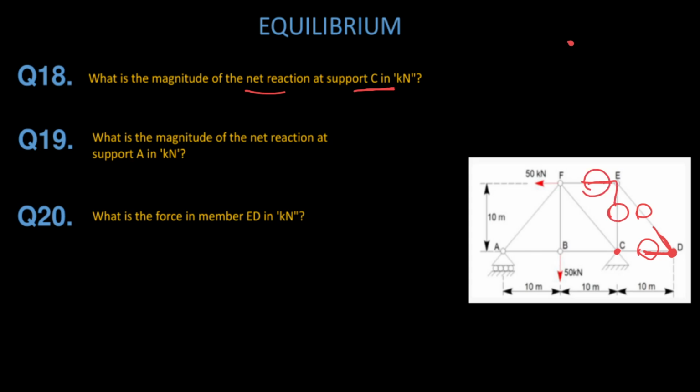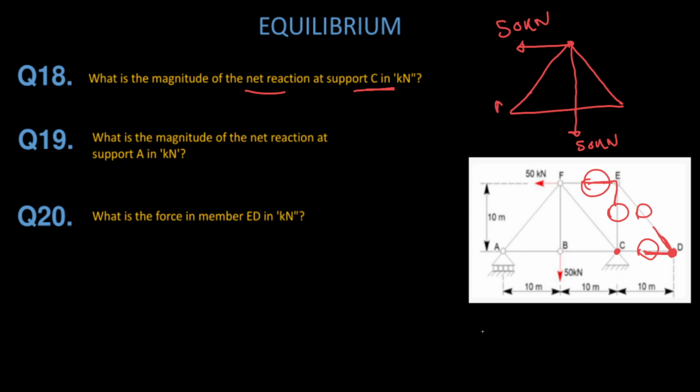Okay, so if I'm removing all these forces, again I'm drawing the truss diagram. So after removing this, this is the truss diagram. Here is 50 kilonewton.